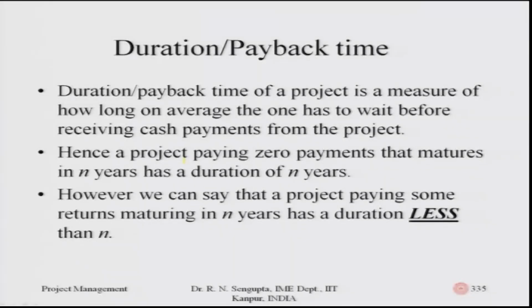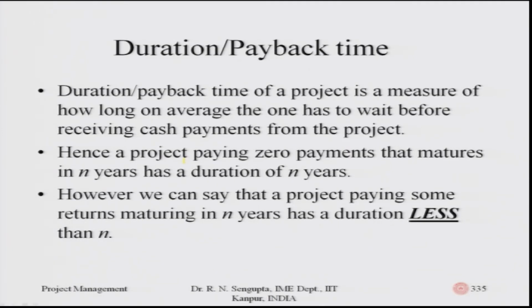So, the duration, the payback time of a project, is a measure of how long on average one has to wait before receiving the cash payments from the project. The shorter the duration, the faster I am able to get back the money.